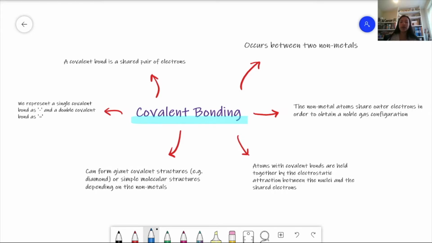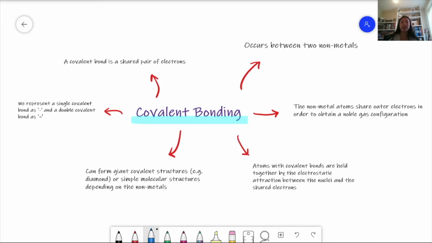So a covalent bond just means a shared pair of electrons. And this occurs between two nonmetals because unlike in ionic bonding, we don't have one atom with too many electrons and an atom with not enough electrons, because they're shared, otherwise they would be donated.